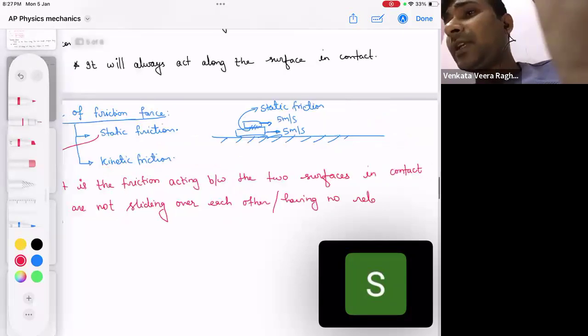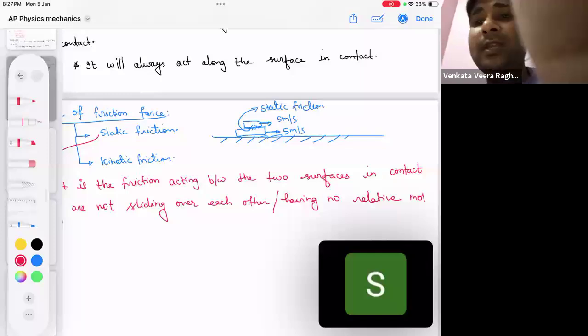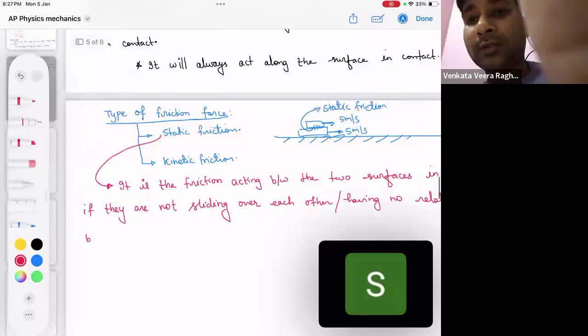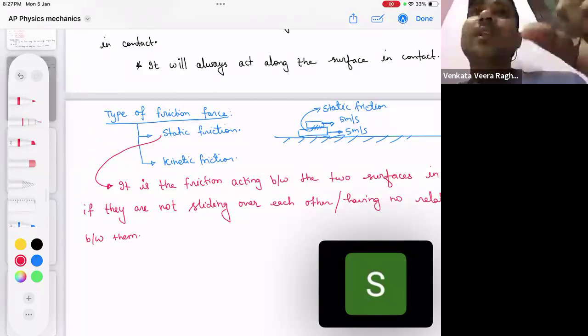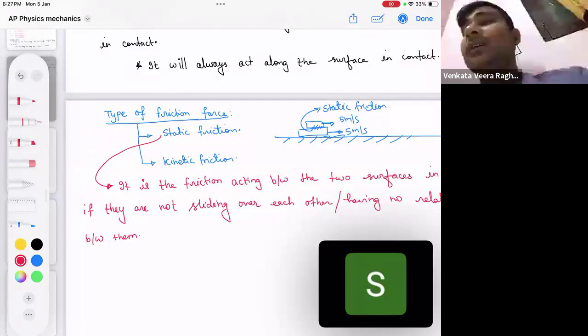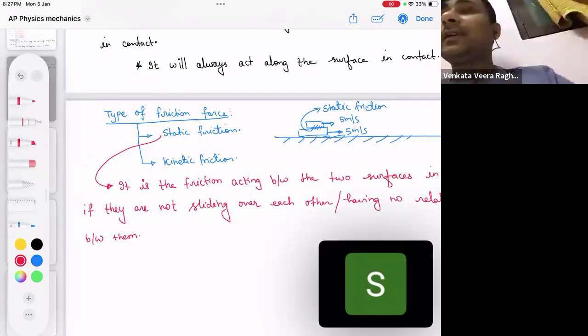No relative motion between these two surfaces. Is that clear about static friction? So the role of static friction is to keep the surfaces in contact at rest with respect to each other.